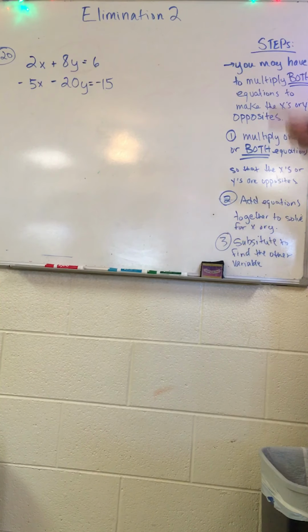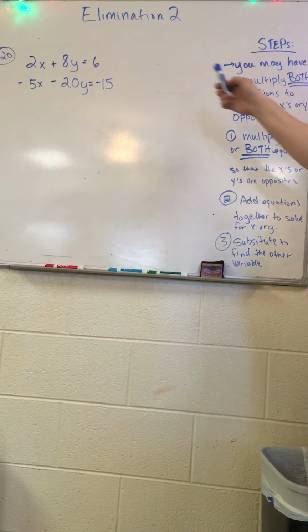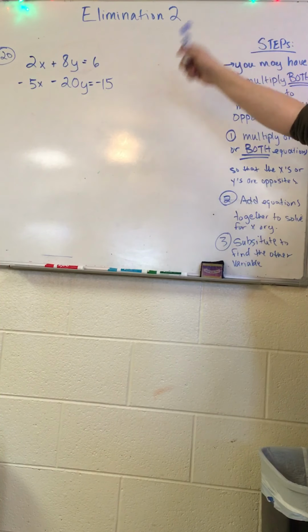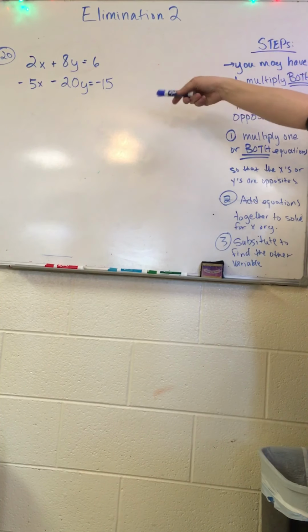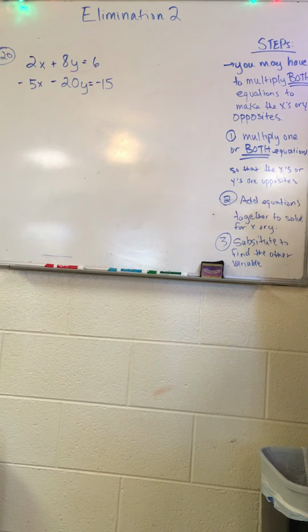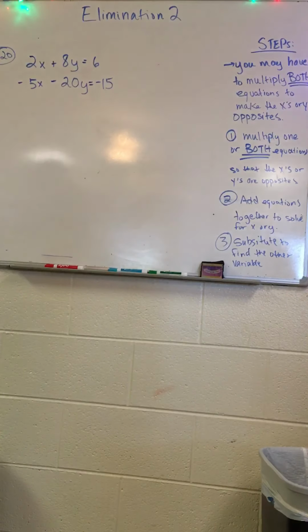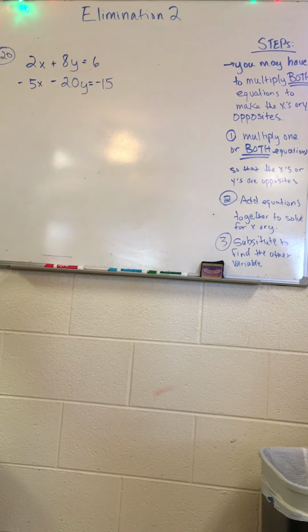Okay. Well, if we look at this one, this is actually going to be number 20 on your worksheet. You notice that none of the numbers are already opposite, so we're going to have to multiply both equations, because none of these are factors or multiples of each other, but I can find the lowest multiple of the x or the y to multiply by, if that makes sense.